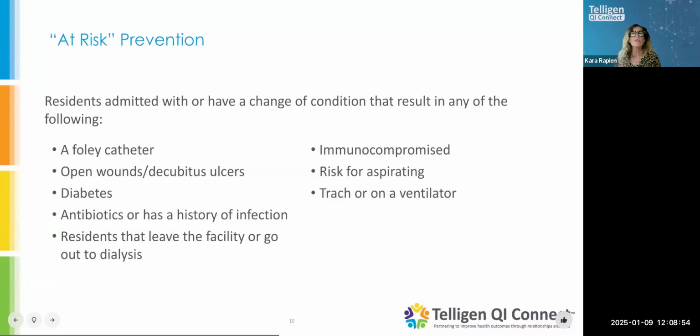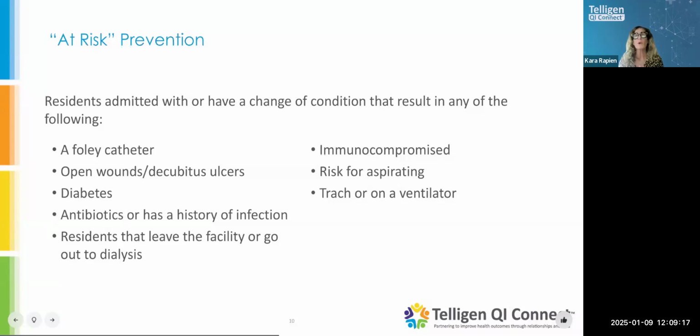So these would be residents who are admitted with, or who have had a change in condition that results in maybe now having a Foley catheter. Maybe you have a resident who's been in your facility for a couple years and now they are having issues and they have urinary retention and they have a Foley catheter. Well, now their risk for infection has increased because of that catheter.